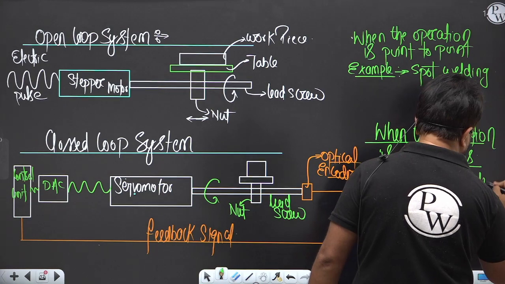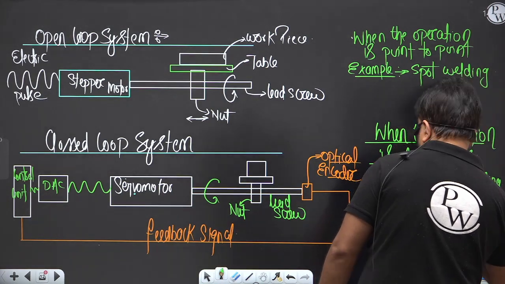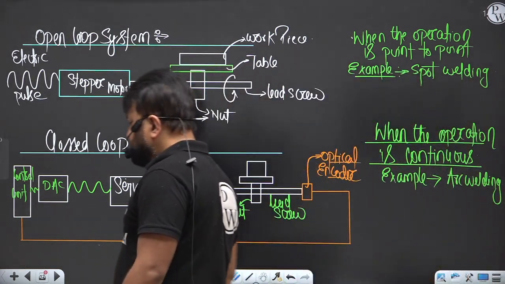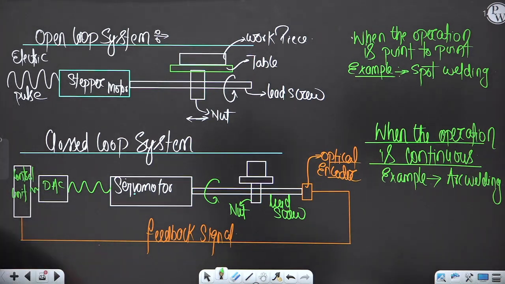If we are doing arc welding, that is a continuous operation, then in that case we need a servo motor. So please remember this concept very well. I hope the point is crystal clear.